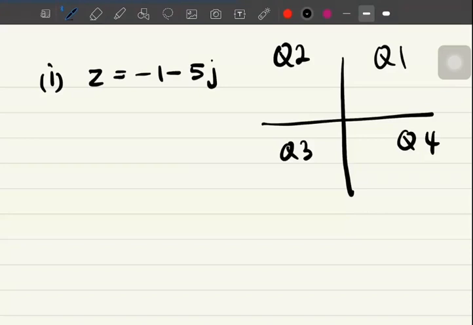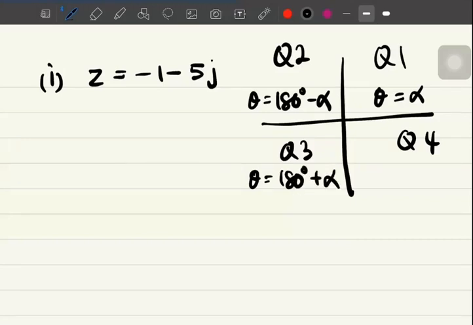And how to find the actual angle if your complex number is here in quadrant 1. Okay, so your theta is equals to your reference angle. For quadrant 2, your theta is equals to 180 minus your reference angle. For quadrant 3, 180 plus your reference angle. For quadrant 4, 360 minus your reference angle.